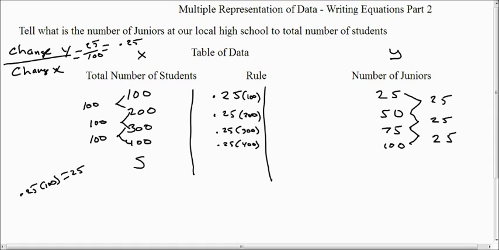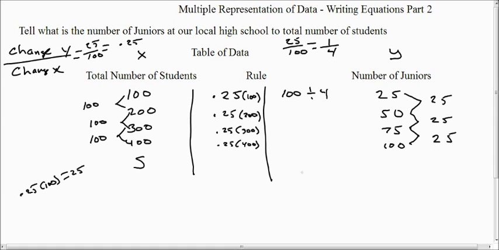Another way we could attack this is by reducing this particular fraction. If we reduce 25 over 100, we will get 1 over 4. Now we can take that same rule, which is 1 over 4, and divide 100 by 4, which is the same thing as dividing.